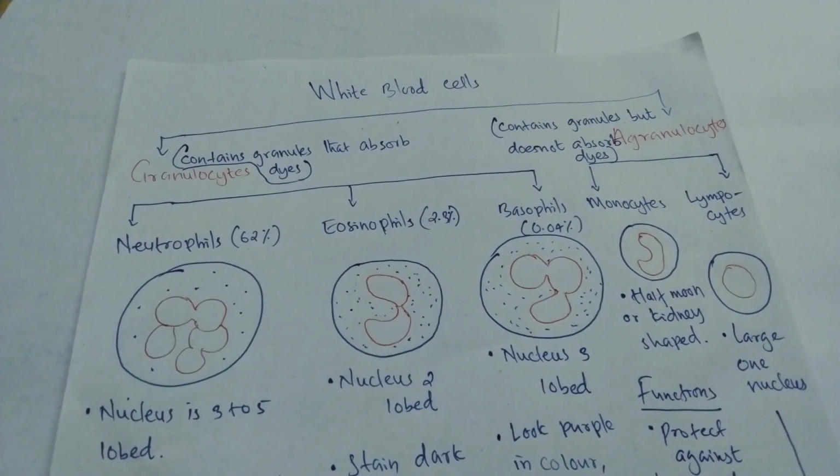There are three types of granulocytes and two types of agranulocytes. The granulocytes are neutrophils, eosinophils and basophils. And the agranulocytes are monocytes and lymphocytes.